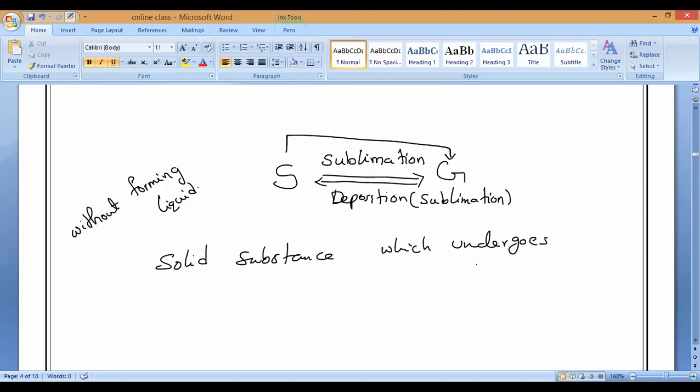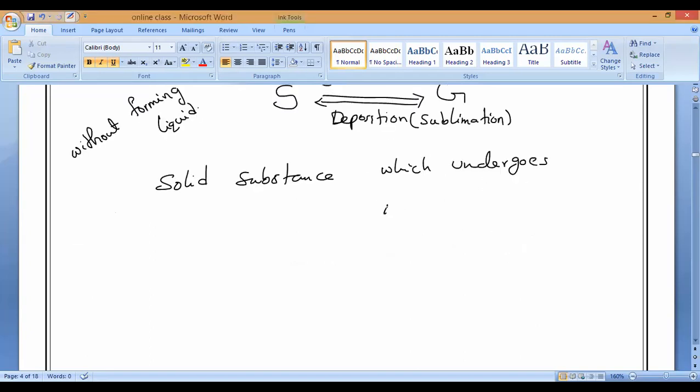A solid substance which undergoes sublimation, that means it converts directly from solid to gas, is called a sublime. Remember, a solid substance which undergoes sublimation is said to be a sublime.